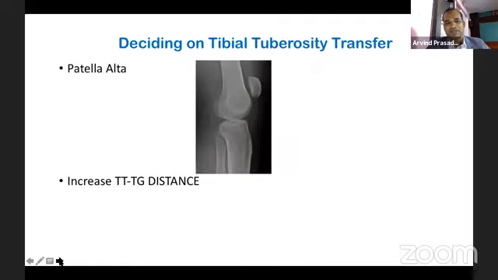After this MPFL reconstruction, another surgery for recurrent dislocation of the patella is the tibial tubercle transfer. This is usually done for patella alta and for those who have an increased TTTG distance. It means there is lateral placement of the tibial tuberosity.